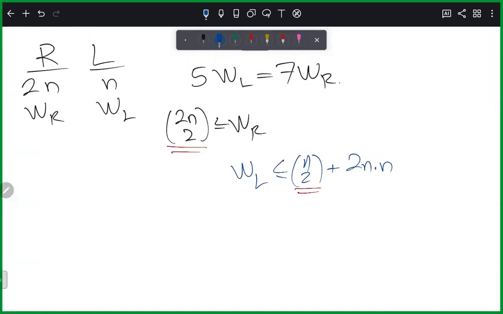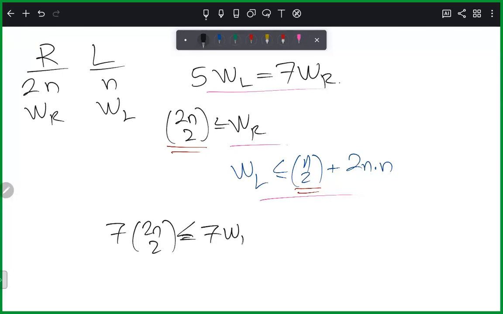Okay, and then let's use all three in one inequality. So we get 7 times 2n choose 2 is less than or equal to 7 times WR. This equals 5 times WL. And this is less than or equal to 5 times n choose 2 plus 2n squared.